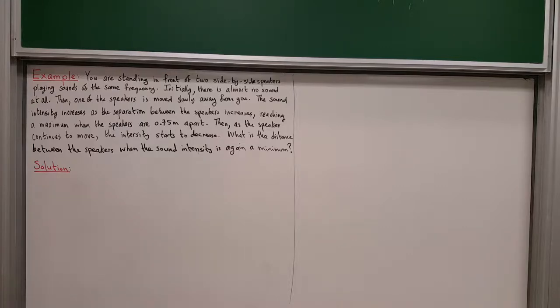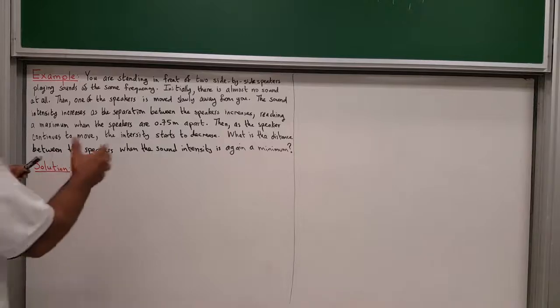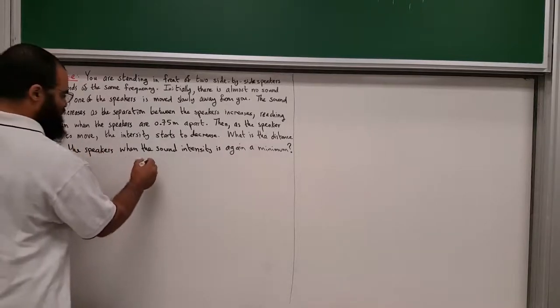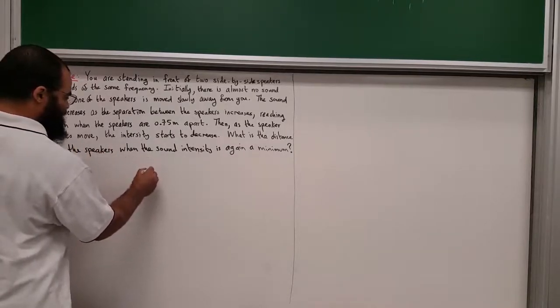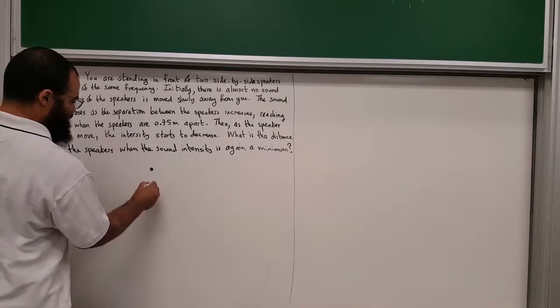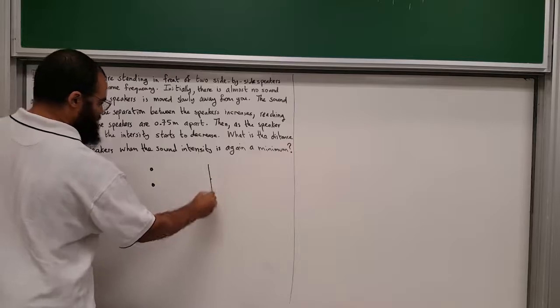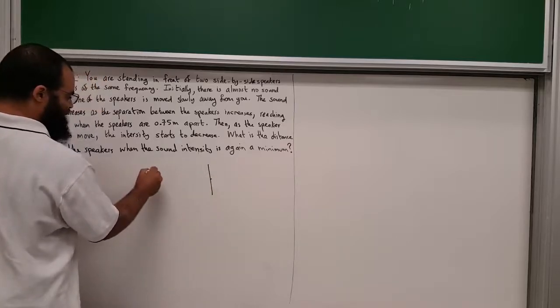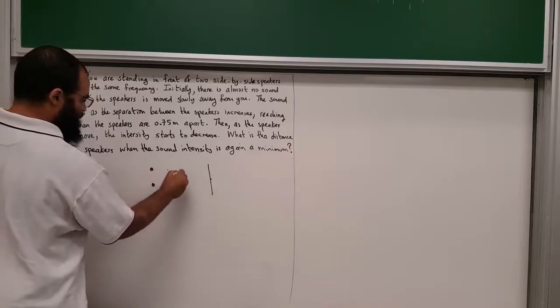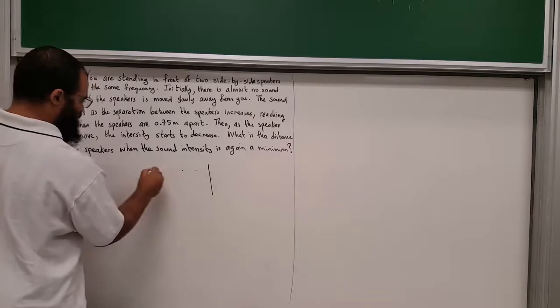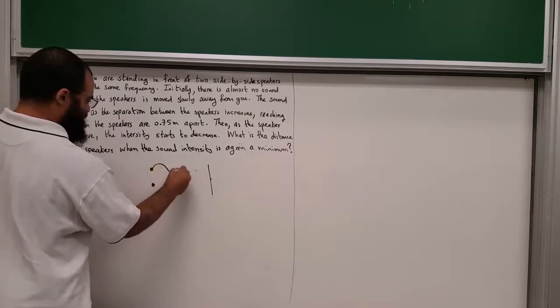So let's do it graphically first, and then let's think about what's going on. Here is speaker 1, and here is speaker 2, and you're somewhere here. They're interacting destructively. So let's say the wave from this one comes like this.